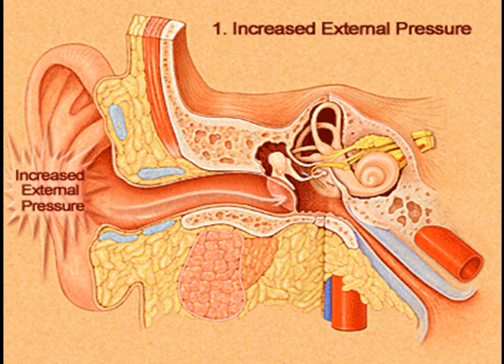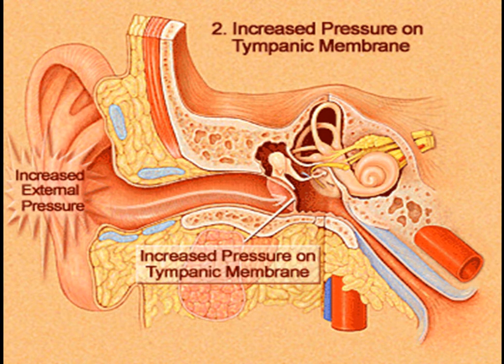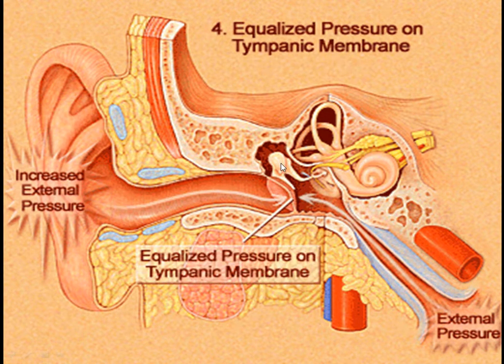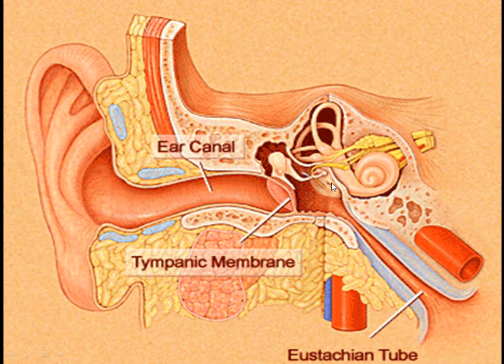Otherwise, the middle ear is a very tight cavity, so that one end of the malleus is attached to the tympanic membrane here, and these three small bones are acting as a lever, the foot of the stapes that is attached to the internal ear.